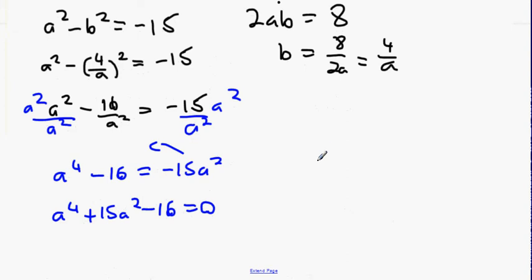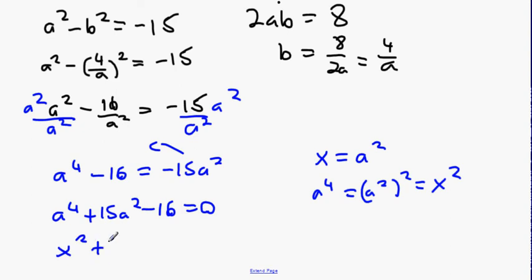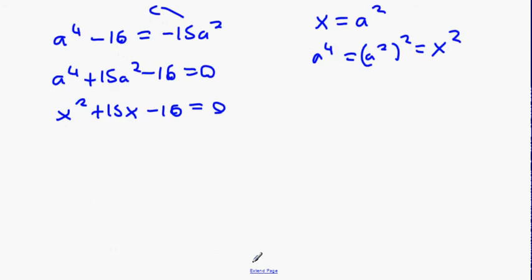Now what I can say is let x equal a squared. Therefore a to the power of 4 is (a squared) squared, which is x squared. In effect, I've changed this into a quadratic equation in terms of x. Then what I'm going to get here is (x plus 16)(x minus 1) equals 0.